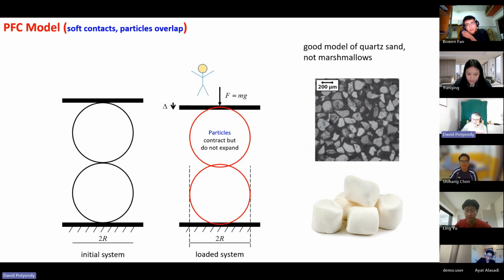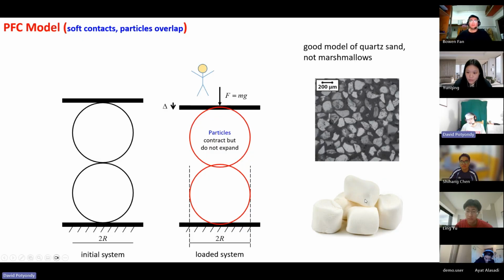When you squeeze this assembly, the individual quartz grains deform a very, very minor amount because they have such a high stiffness. But there's all kinds of rearrangement and all kinds of localized deformation at the joints between them, at those interfaces. And so this model, as long as this overlap is less than maybe 5% of the radius, is a quite good model of this system.